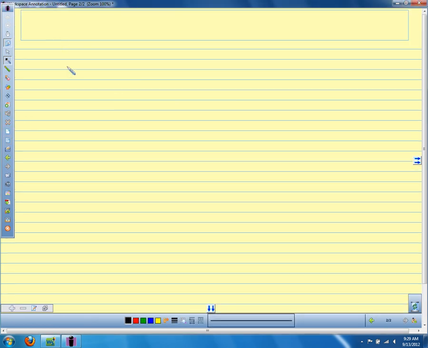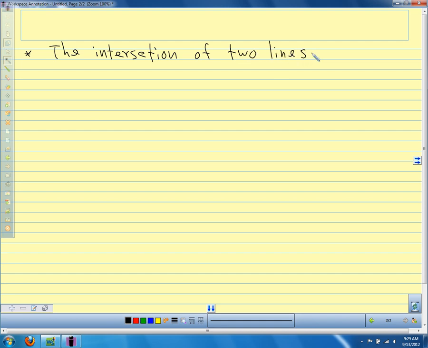Our first one, and all of our postulates today have to do with intersections. The intersection of two lines. So let's think about what the intersection of two lines would be. If two lines come together, what do they share? What do they have in common? The middle point.